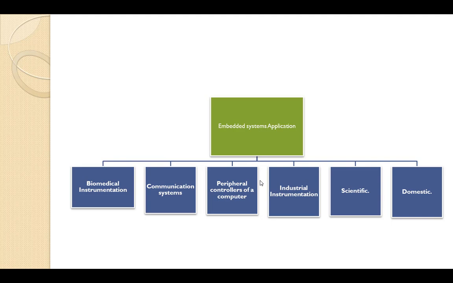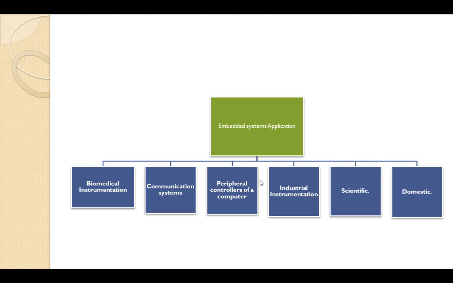If I list out your heartbeat sensor, SpO2 sensor, your temperature sensor, which nowadays is digital, your oximeters, your ECG, if I list these out, it's a huge list. In communication systems, your mobile phones, telephones, walkie-talkies, satellite communications, and many more.